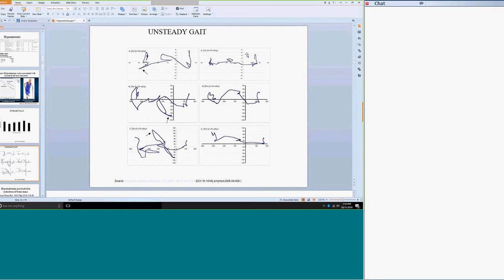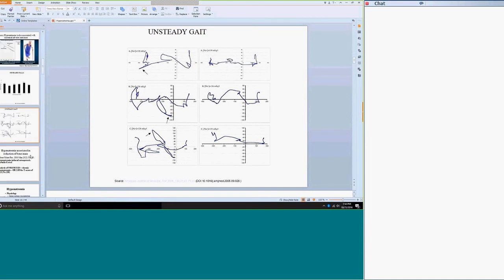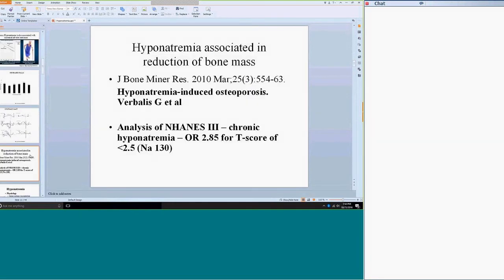You see from the left-hand and right-hand columns that when they were hyponatremic, their gait was all over the place. As soon as the sodium normalized, they could walk more in a straight line. Unsteady gait and hyponatremia are associated with reduction in bone mass.